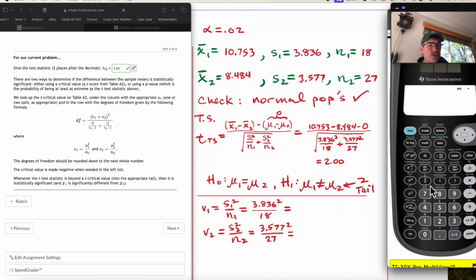So let's go ahead and start. So the first one, 3.836 squared over N1, which is 18. Okay, and just evaluate that. So it's super messy, and we want to keep all the precision here.